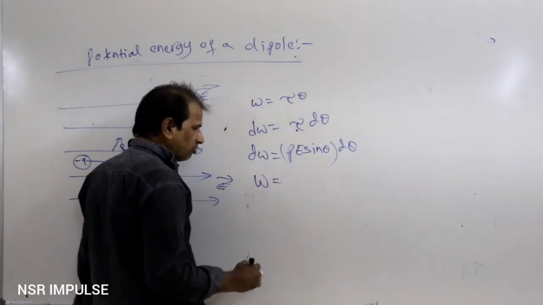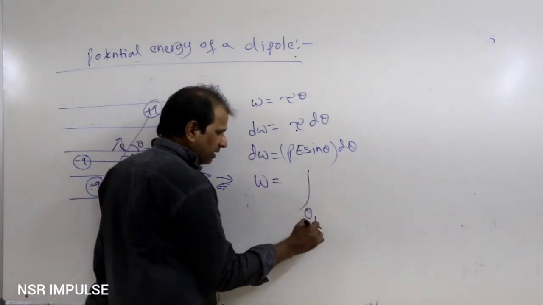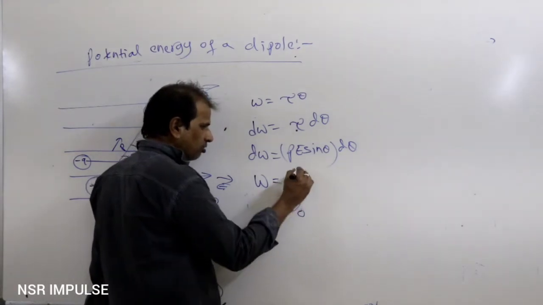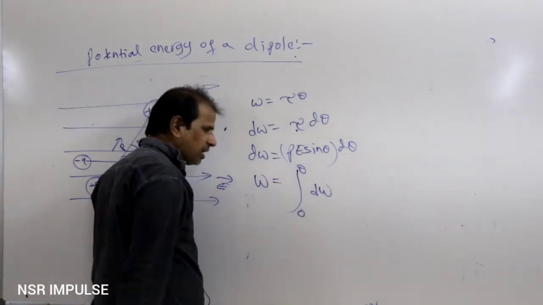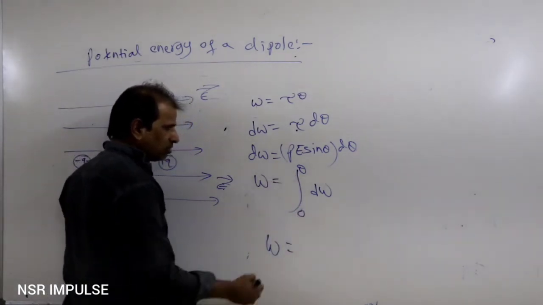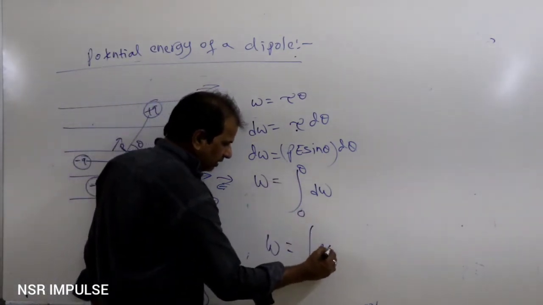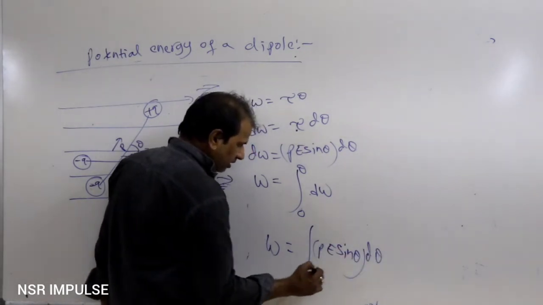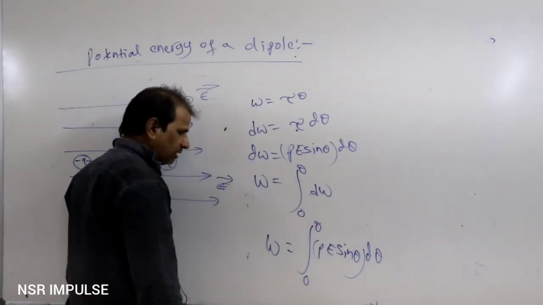Total work done to rotate from 0 to theta is equal to the integral of dW, which is the integral of Pe sin theta d theta from 0 to theta.